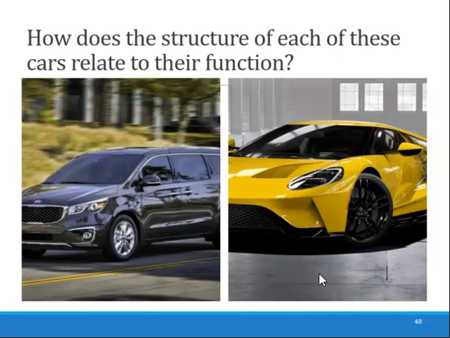It maybe fits 2 people comfortably, and this is more for showing off, racing around, driving really fast, and having fun. So you can definitely see how the structure of these cars relates to their function. This car, not so much for driving around a family.